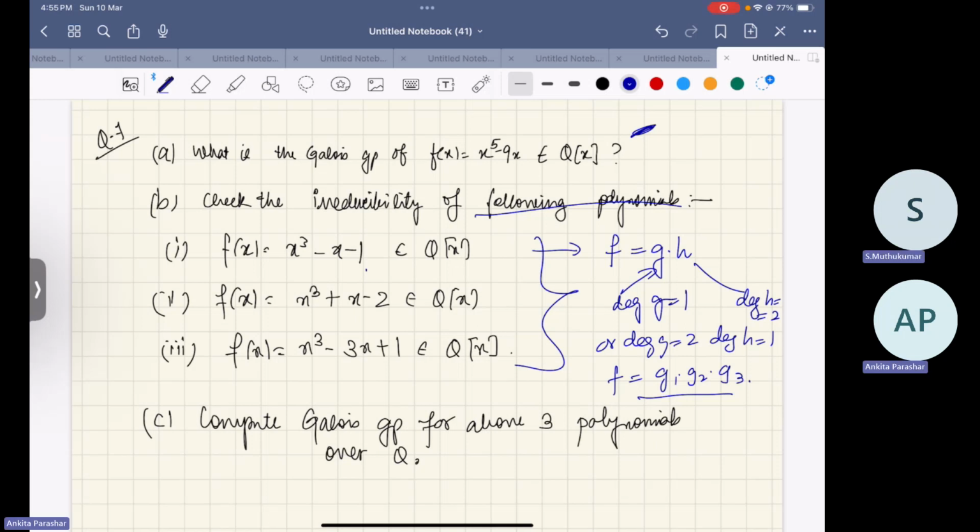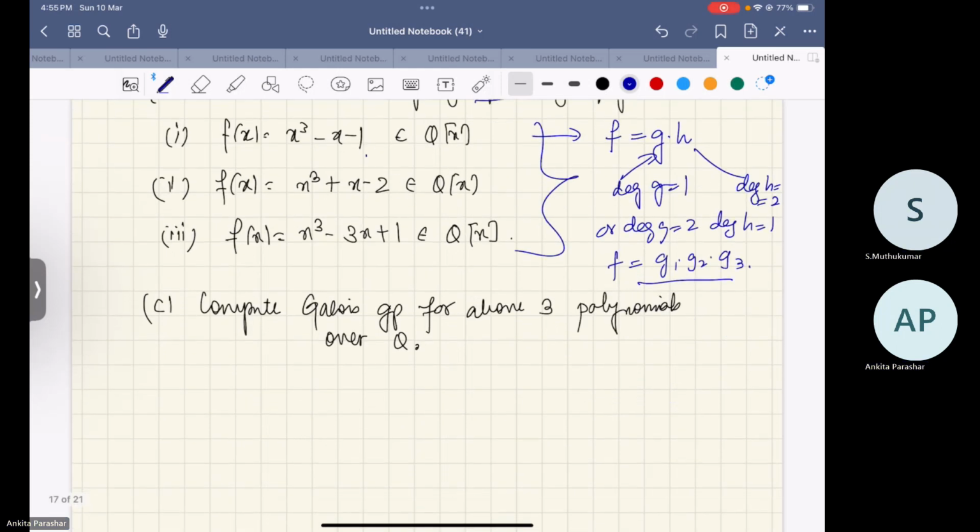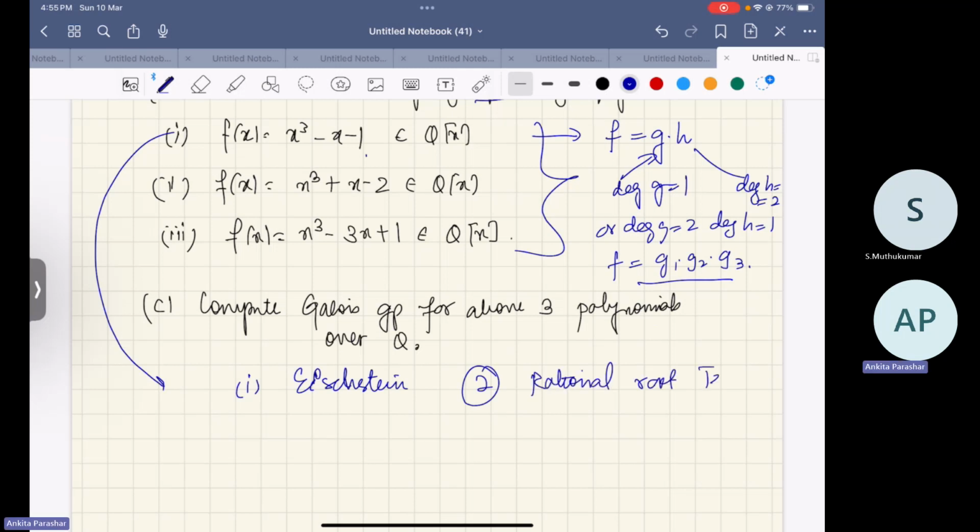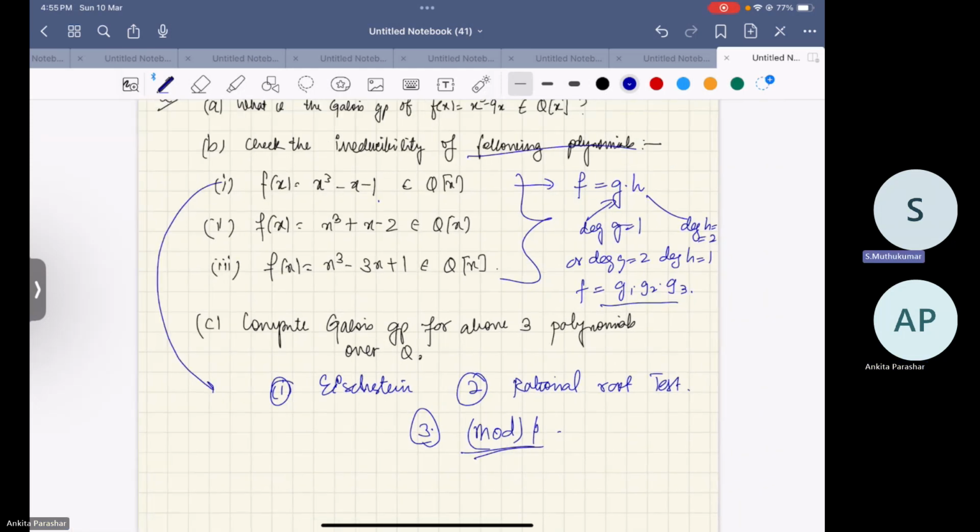That is the property, and in either way you can argue. One way is the Eisenstein criterion. The other way is the rational root test. There is one more way. Can you find that one way? It's mod p. Do you know that? Yes.